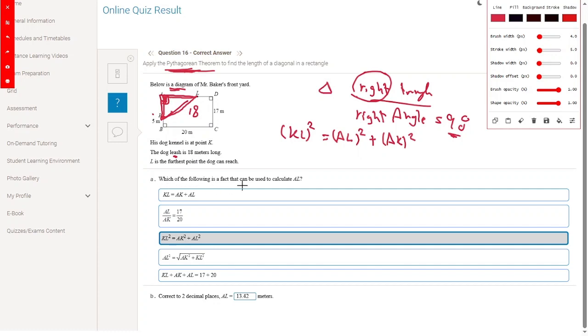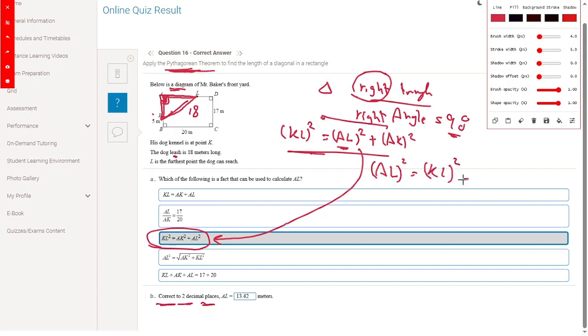Now here, which of the following is the fact that can be used to calculate AL? So let's see which equation. Yes, we see this equation by default because this is the Pythagorean theorem. Now here, correct to two decimal places, you need to find the measurement of AL. Now we have this formula, so AL squared will be equal to, AK goes to the other side, so it will be KL squared minus AK squared.